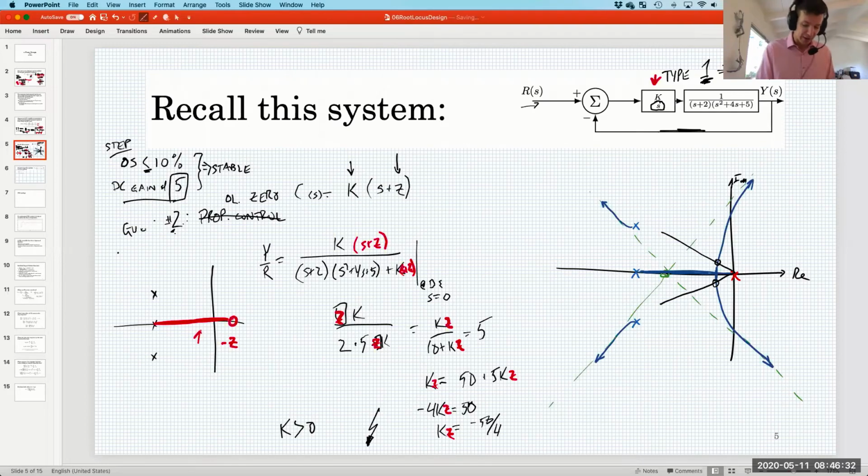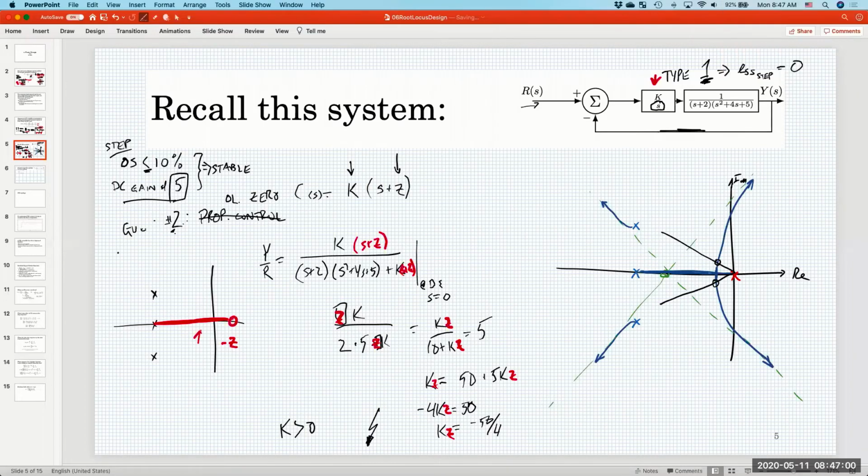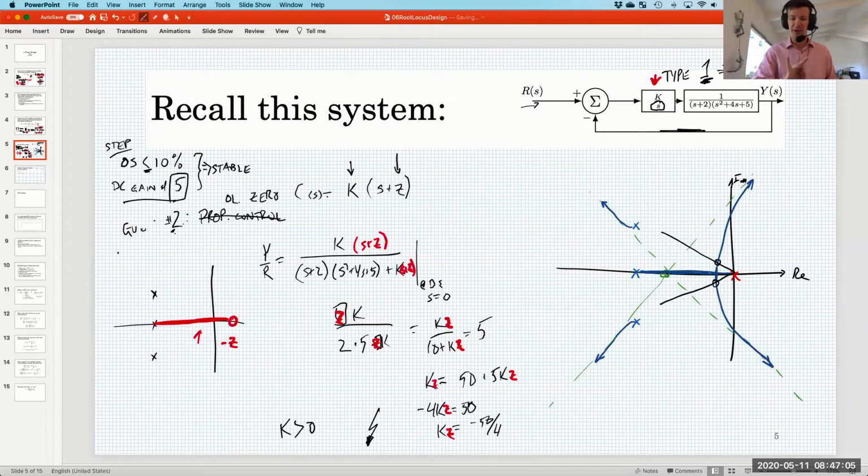So riddle me this, how many asymptotes will there be now? How many open loop poles are there? 3 open loop poles and 1 open loop 0, which means that there will be 2 asymptotes.